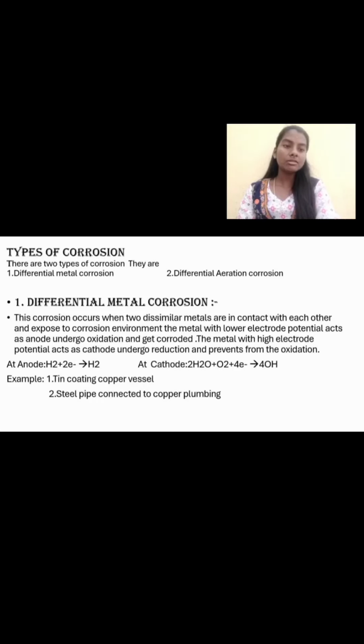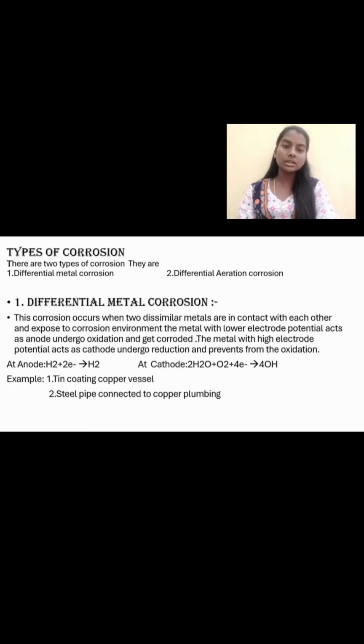The metal with lower electrode potential acts as anode and undergoes oxidation and gets corroded. The metal with higher electrode potential acts as cathode and undergoes reduction and is protected from oxidation. At cathode, 2H+ plus 2e- gives H2. At cathode, 2H2O plus O2 plus 4e- gives 4OH-.